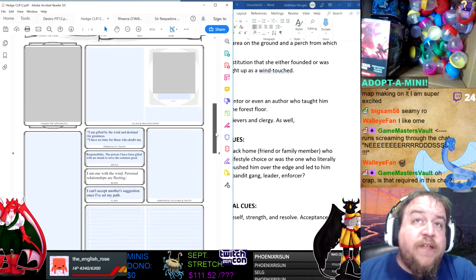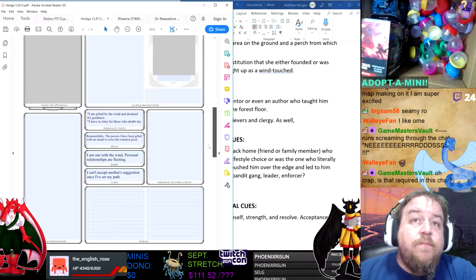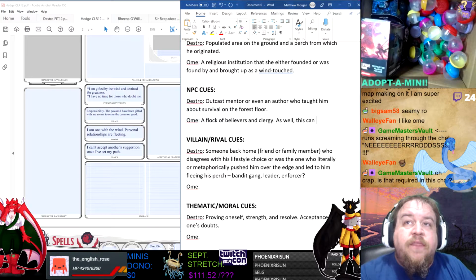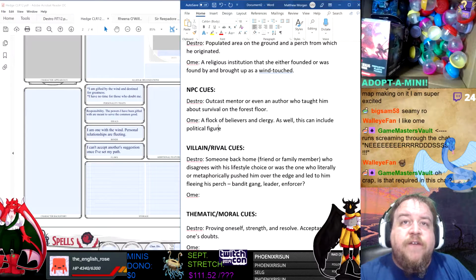And even more so that we rolled her to randomly be a community domain cleric. People just love her. So as well, this can include political figures and even perhaps a celestial friend.